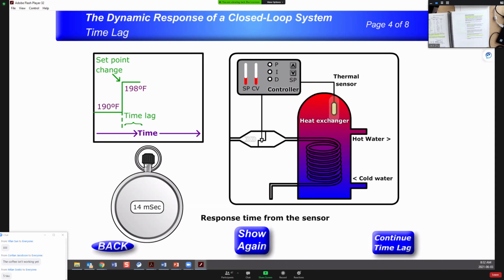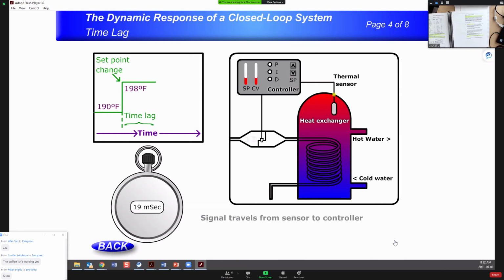So even for the adjustment down here, you change the setting, but it takes a little bit of time for it to send the signal down there. Now we have the thermal sensor. The sensor has to sense the temperature.